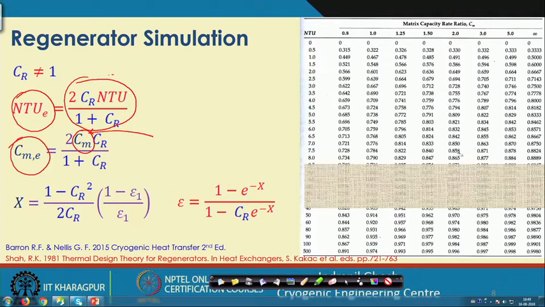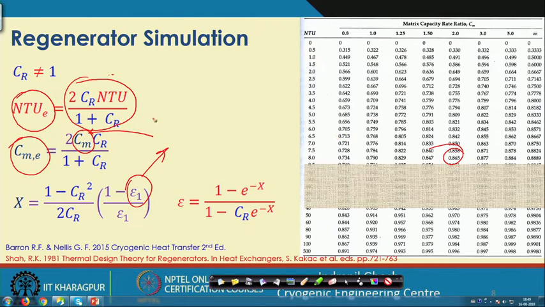So, now we can again use this chart and we get a value like 0.865 or 0.85. These values are epsilon 1. We will get this kind of regenerator effectiveness, but we know that it is not appropriate for us, because this chart is meant for CR equals 1.